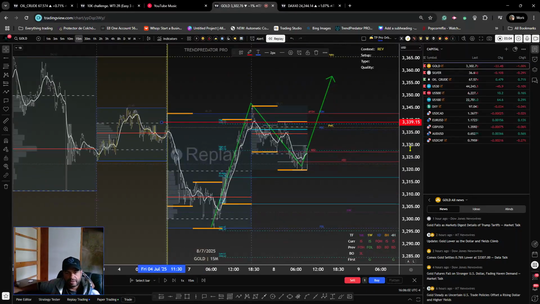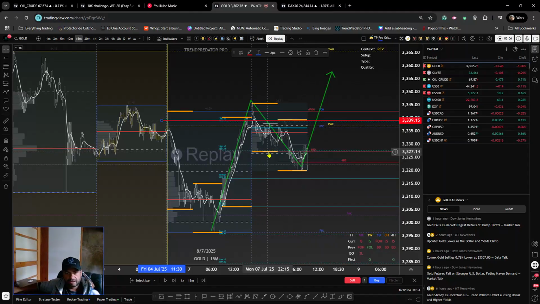So there's two ways to play it. You either play it from inside of Asia's lows in here, in anticipation, as we get inside of Friday's value area. So we're taking it on the inside of Friday's value area low, as well as the Asian low. That would be the optimal area to get in.